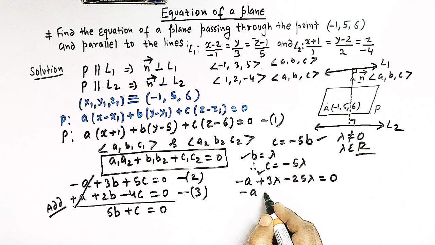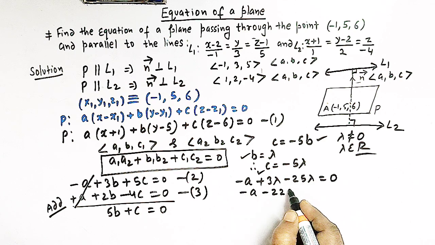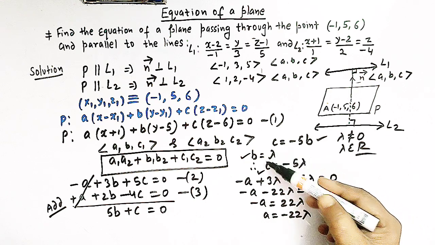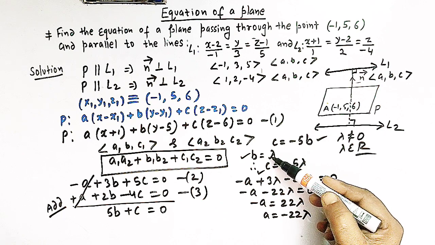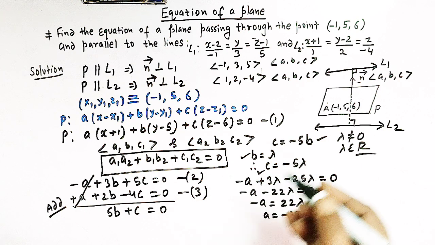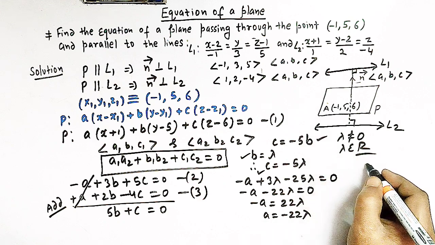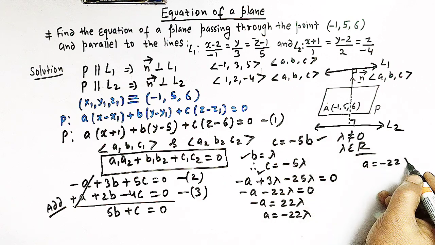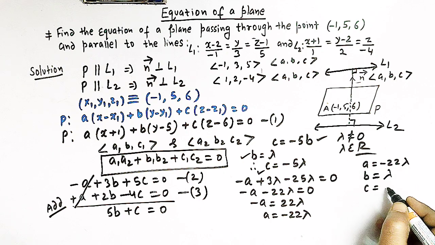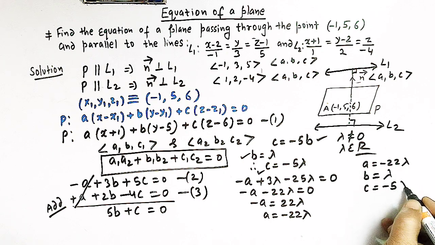So we have minus a minus 22 lambda, and minus a is equal to 22 lambda. So a is equal to minus 22 lambda, right? So the introduction of this scalar lambda has led us to the values of a, b and c in terms of lambda. So a is now minus 22 lambda, b is lambda, and c is minus 5 lambda.